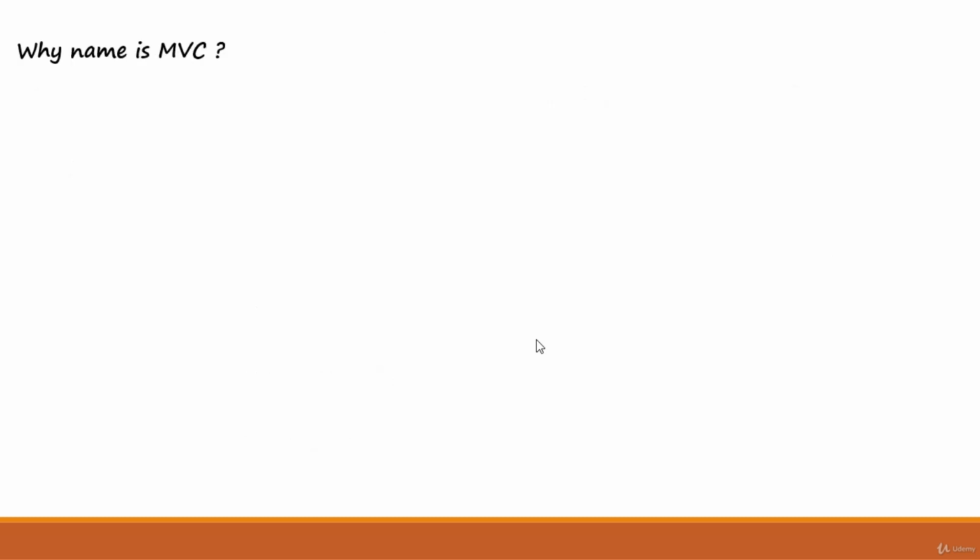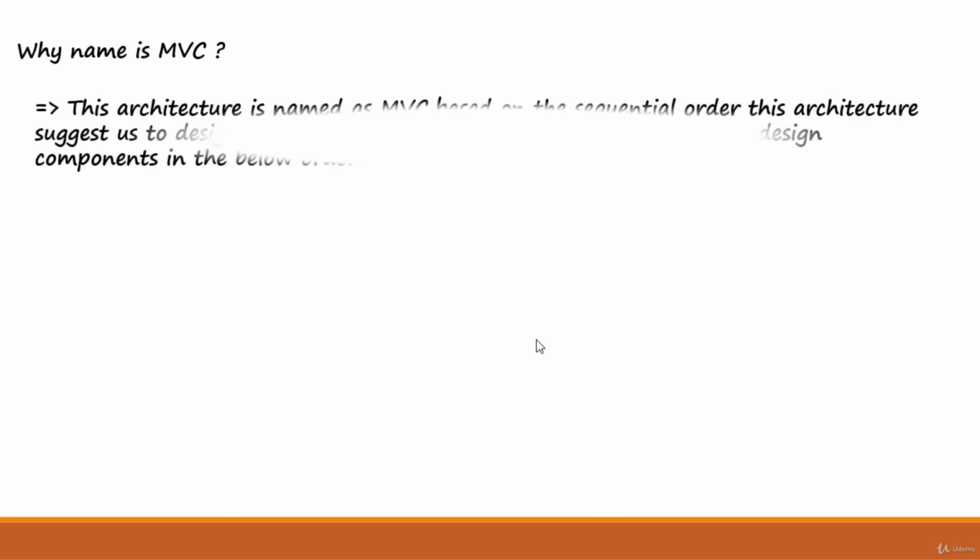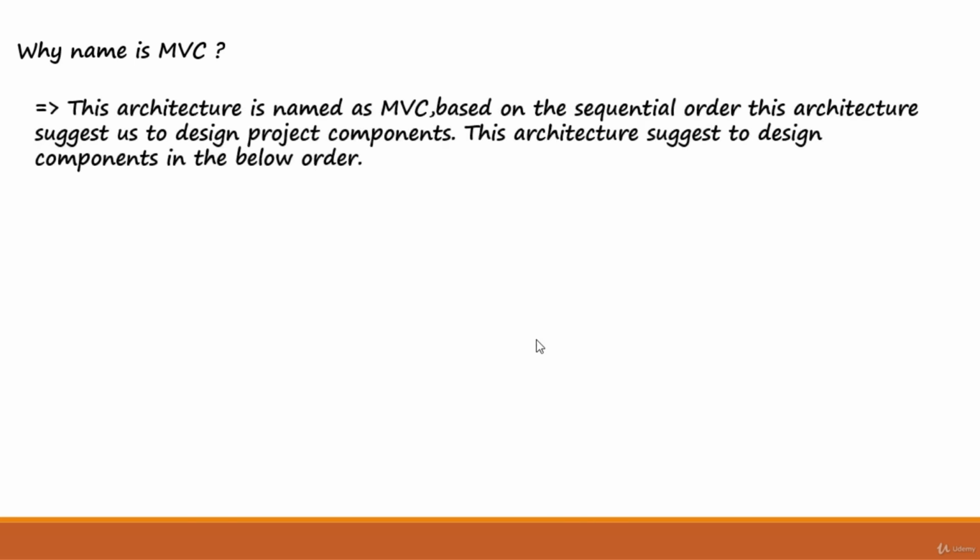We may get a doubt why the name is MVC. This architecture is named MVC based on the sequential order in which it suggests we design the project components.